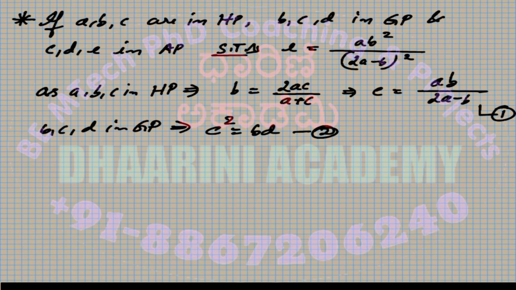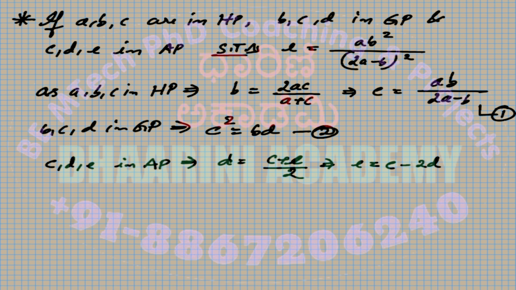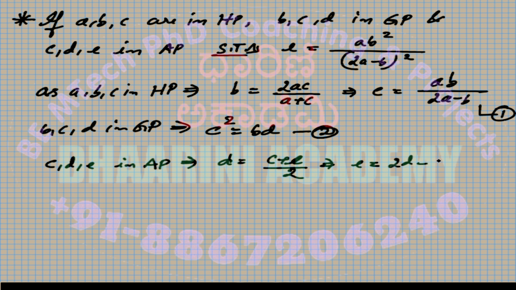And let me go for the third equation, that is C, D, E in AP. So I can write D is equal to C plus E divided by 2. Or I can try to write E is equal to 2D minus C. But D is what?